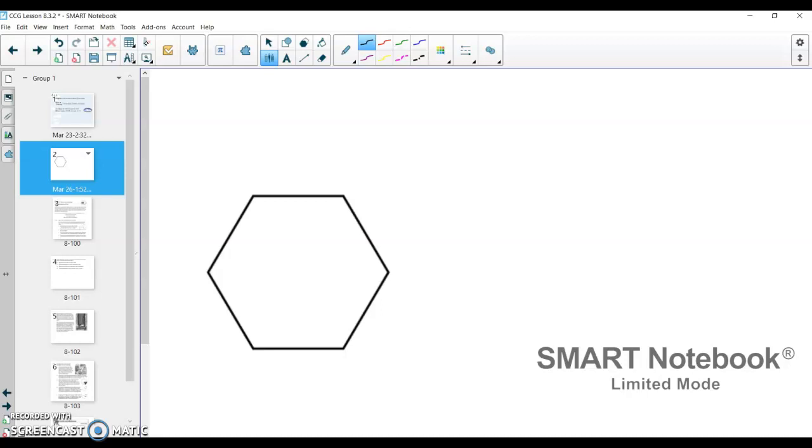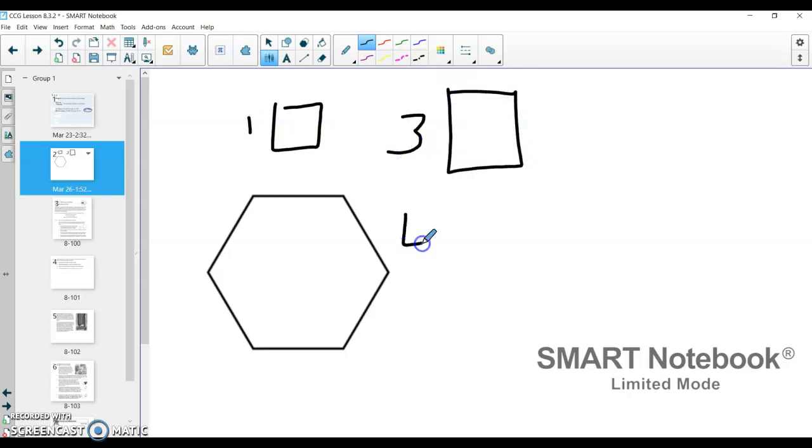So say I have a square here that has a side length of 1 and another square that has a side length of 3. Well, that's a linear scale factor equaling 3, because from one side to another, side lengths are multiplied by 3. All right. Well, what we saw was the area scale factor is just your linear scale factor squared.